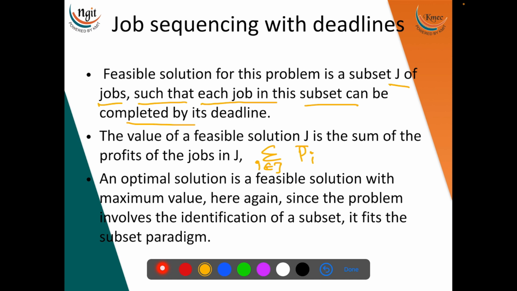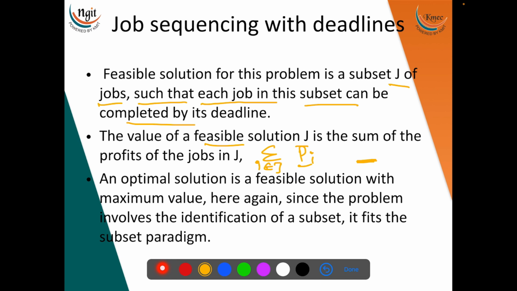That means when we complete the job by the specific deadline, then only we will get a profit. So for whatever job we get the profit, that is called a feasible solution. Once you have a profit, it means you have finished that job by the specific deadline.